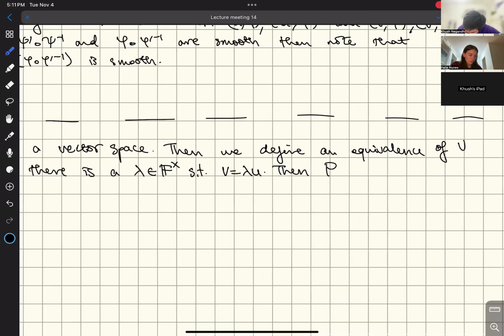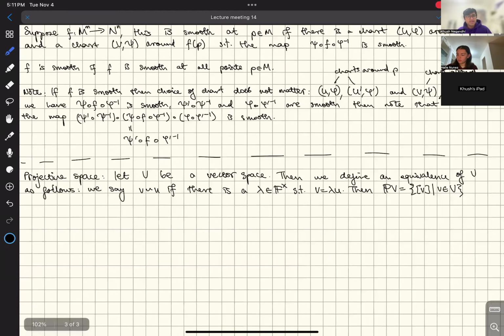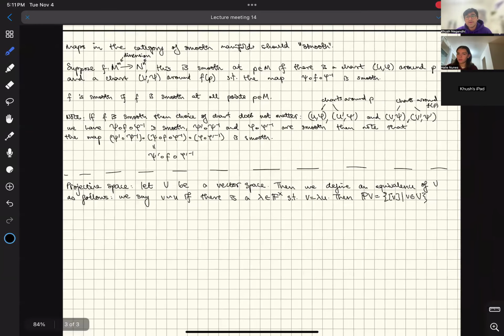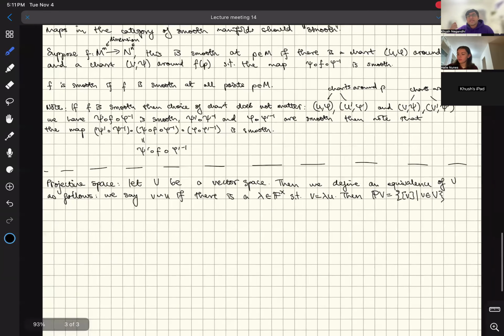Then the projective space of V is just the set of equivalence classes of elements. Does this definition make sense? So it's just saying that you can scale a vector, so everything on the span of this vector is equivalent.